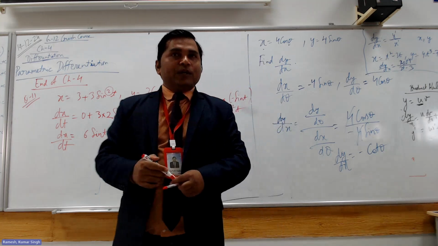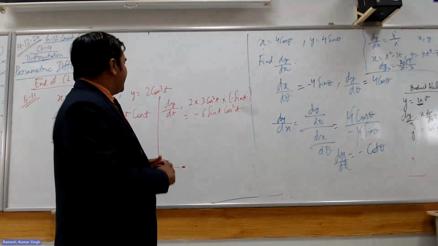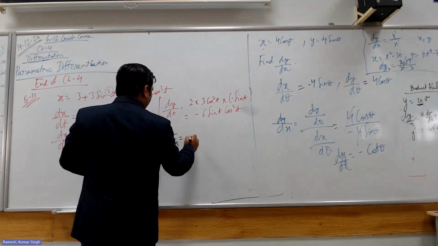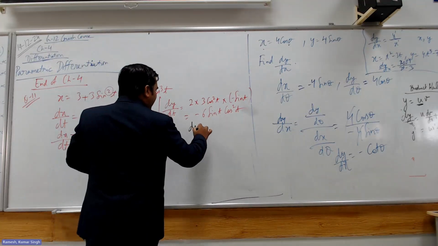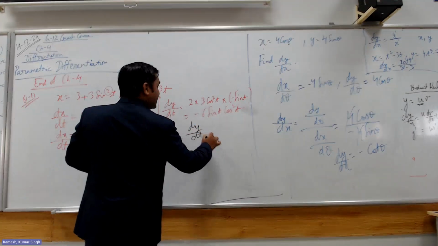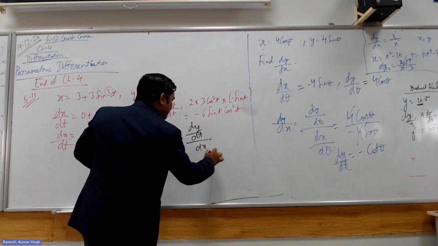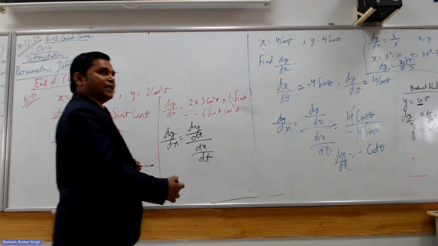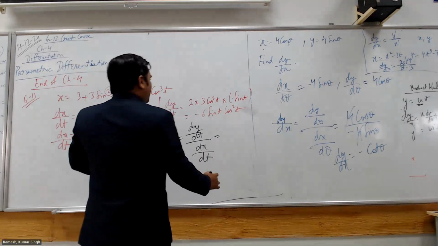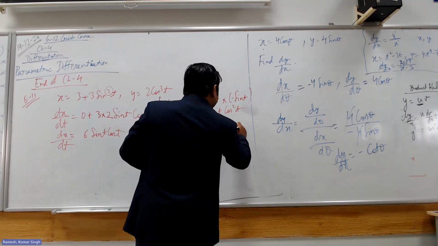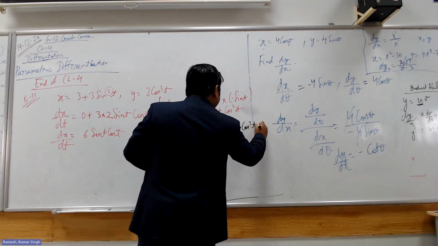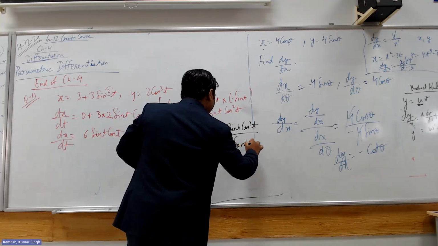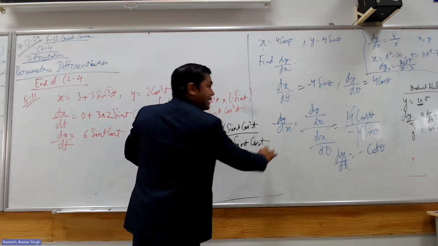You want to find dy over dx, which is dy over dt divided by dx over dt. So we're going to divide it, right? Let's divide it. So minus 6 sine t cos square t over 6 sine t cos t.